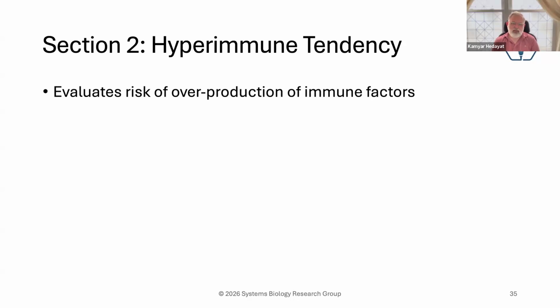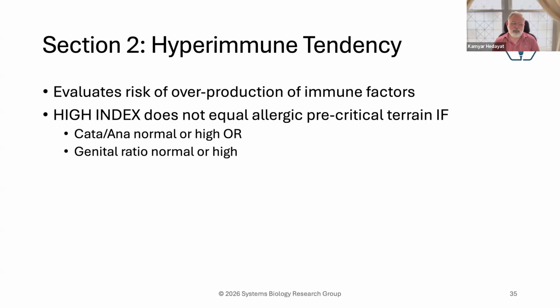But this can evaluate the precritical terrain. And a high index does not necessarily mean that you have an allergic tendency. So it goes through several layers of categorization in order to try to give you the most precise estimation of this hyperimmune tendency.